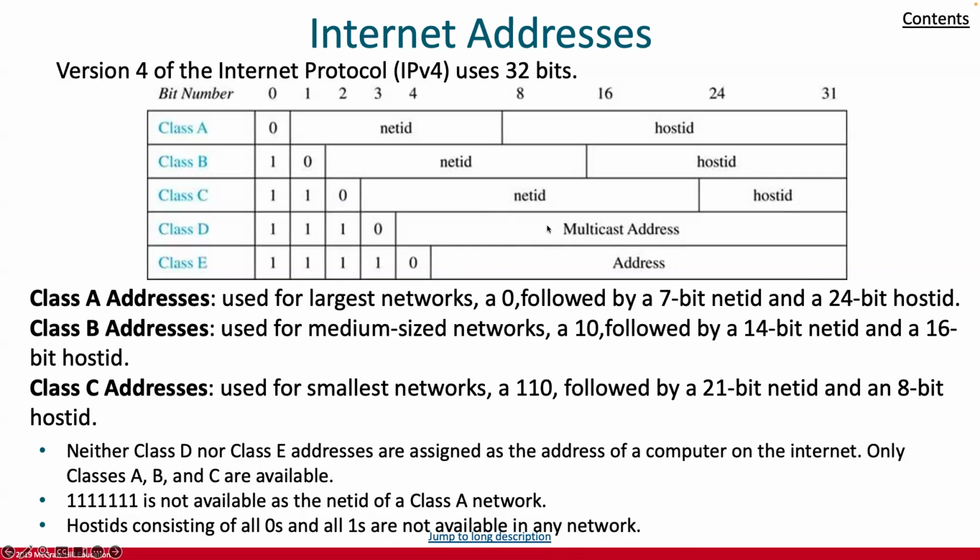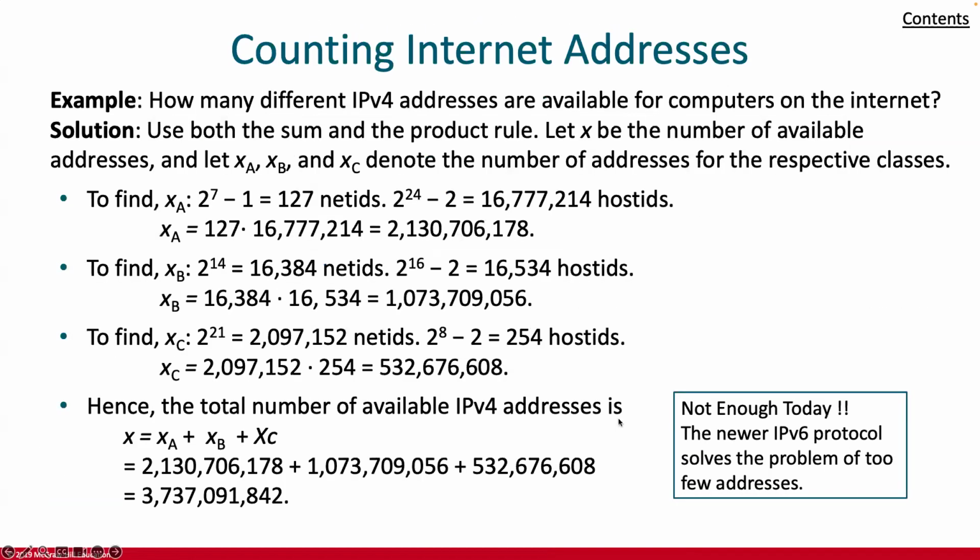So we can see different ways that we're breaking up things in the Internet Protocol, IPv4, version 4, and there are some limitations to that. This was a motivation for updating it to have more available Internet Protocol addresses. So how many different IPv4 addresses are available for computers on the internet?